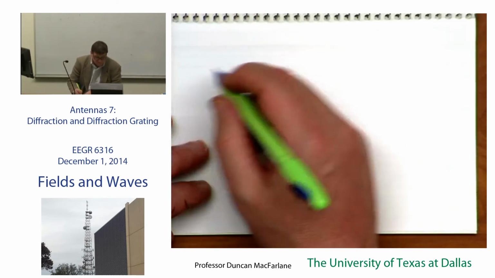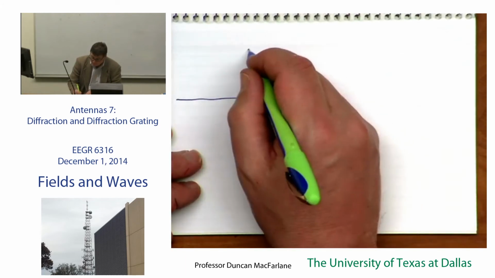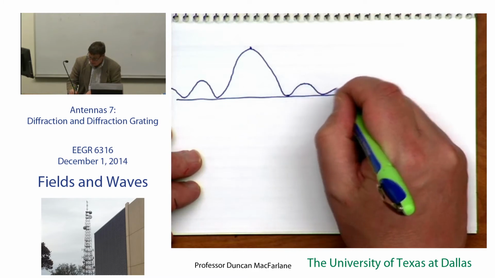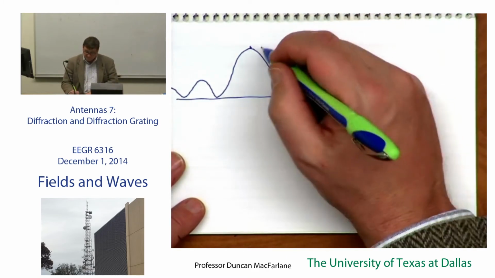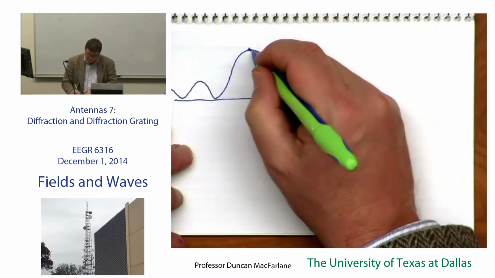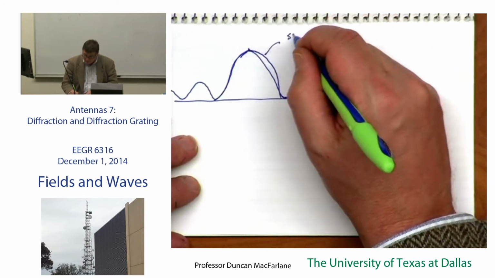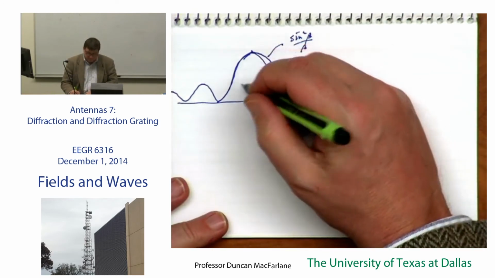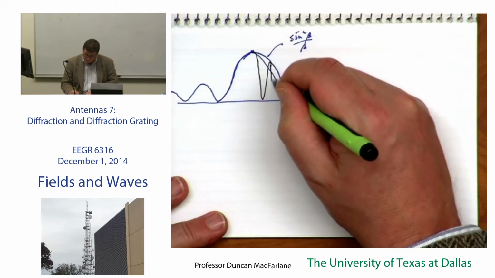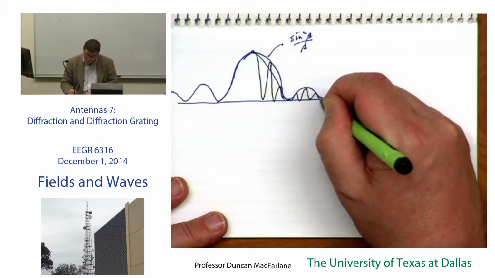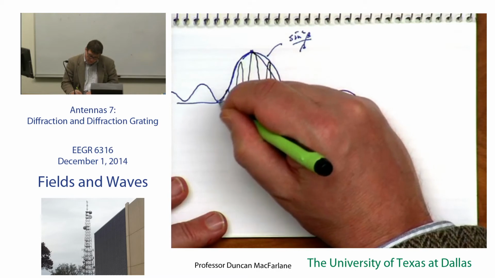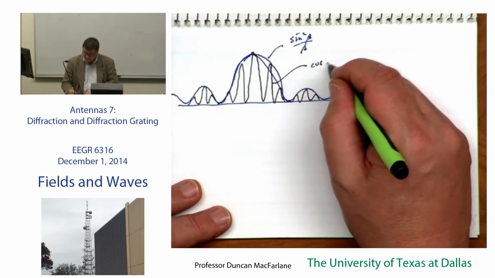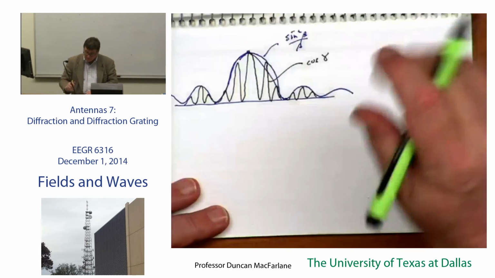So if I plot my sinc function, this is my sine squared beta over beta, and modulated underneath it is the high frequency cosine of gamma.